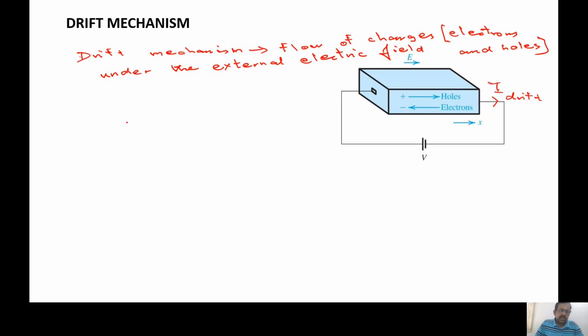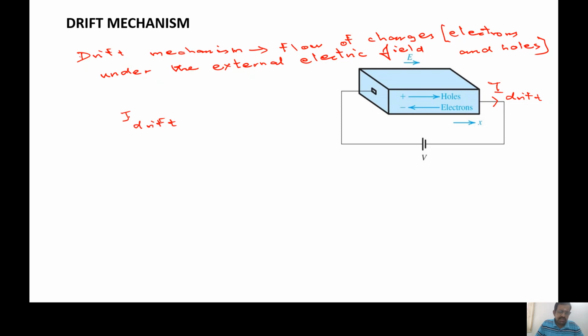Okay. So the parameter that measures how much current flows is, we know, the current density, which we are more interested in. When we talk about current density here, we talk in terms of drift current density, and that is J drift.